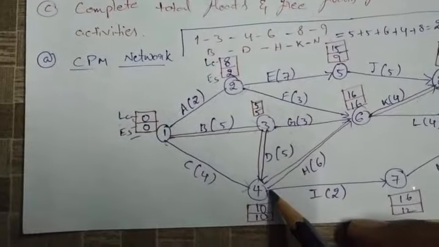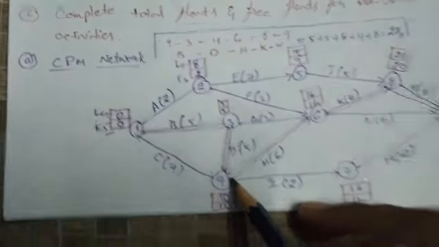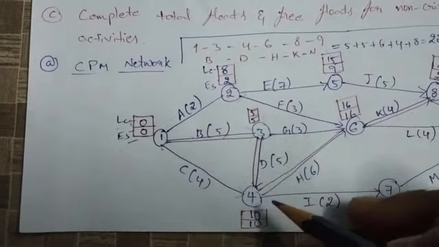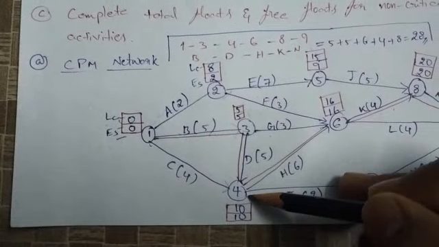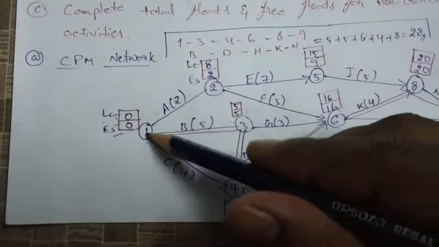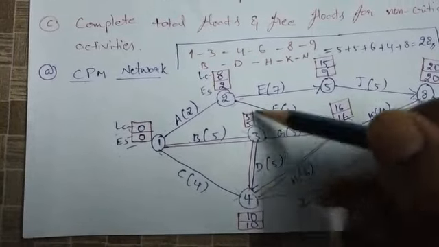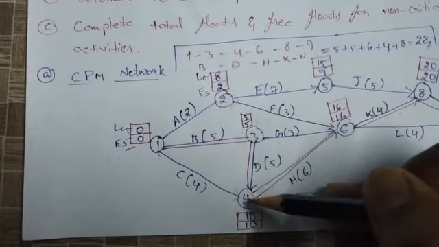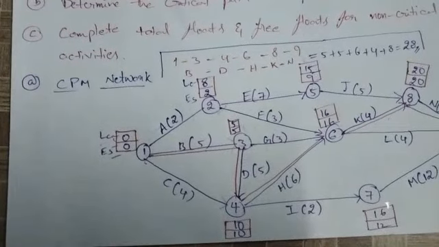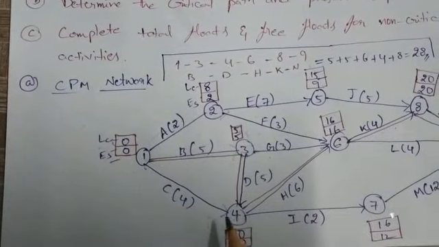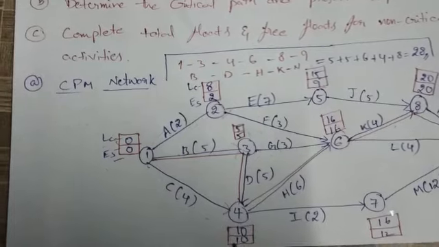And next node 4. Here some technique will be there, so please observe carefully. Node 4 is reached from the first node and the third node, so both come to the fourth node. What is the condition of the forward pass? The maximum value should be considered for the earliest start time.